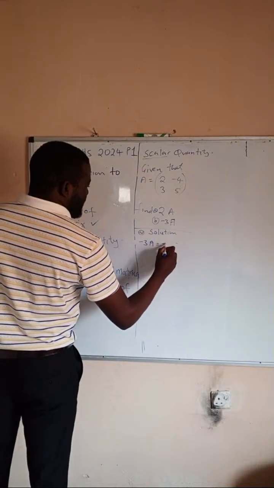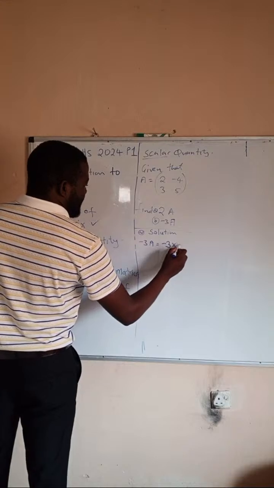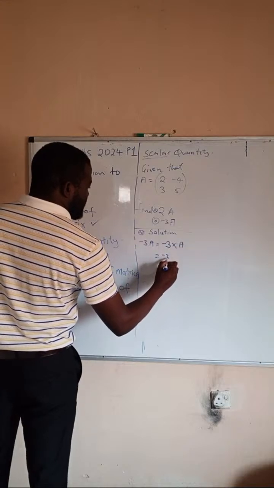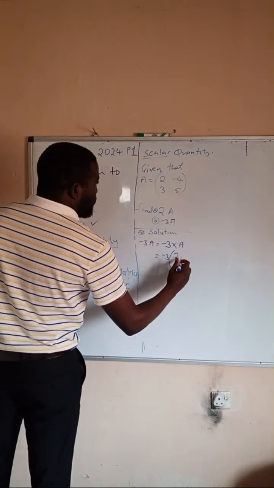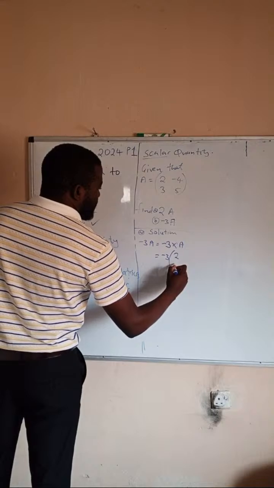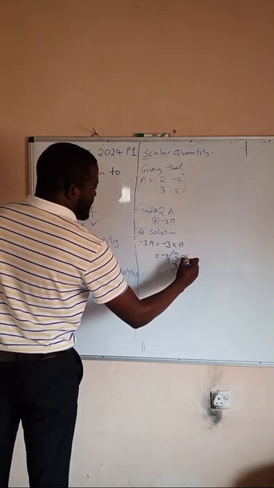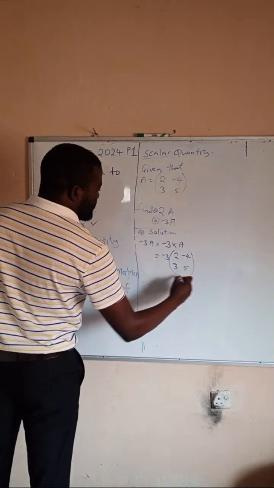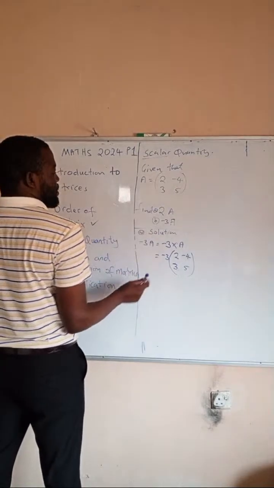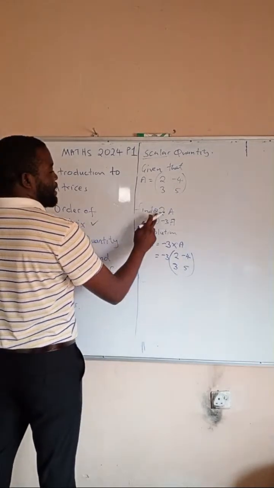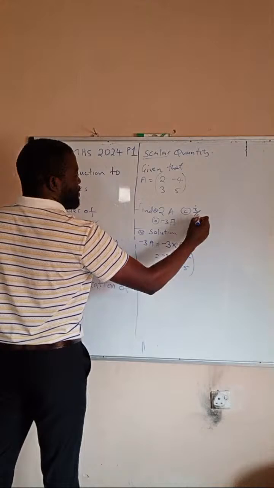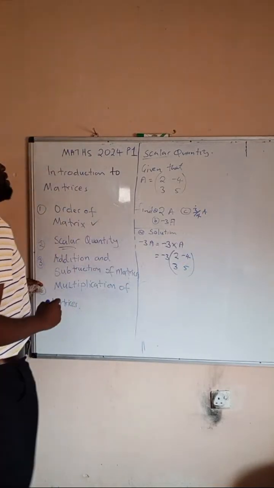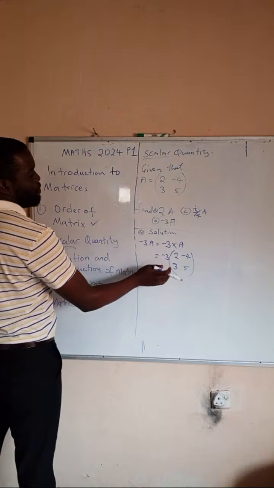We said negative 3A means negative 3 times A. So it simply means negative 3 multiplied by the matrix A, which is 2, 3, negative 4, 5. I can even include question C here. I can say find 3 over 4A. I've also included that one, but let's solve this one.